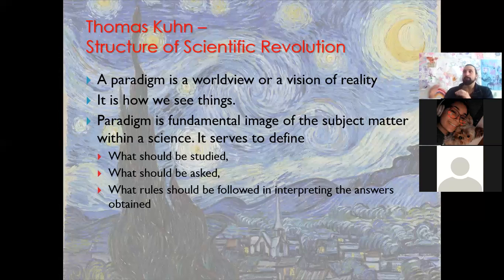And what most of science constitutes is basically filling in all the rooms and discovering all of the contents of each of the rooms that is structured and built upon this foundation. That is what he calls normal science. So you are asking and answering questions that are implied by the paradigm. But while you are doing this research, over the course of the years and the decades and the centuries, little anomalies start to appear.